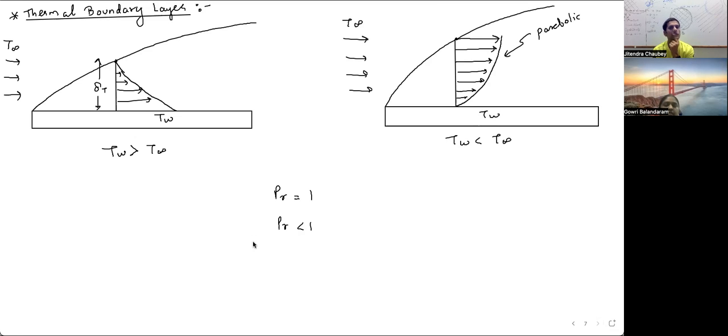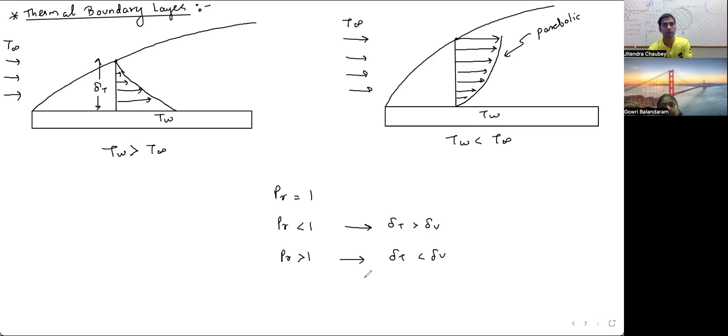Thermal boundary layer. Perfect. Delta thermal is more than delta viscous where the Prandtl number is less than 1. And if the Prandtl number is more than 1, in that case delta thermal is less than delta viscous. So they have their own merits.